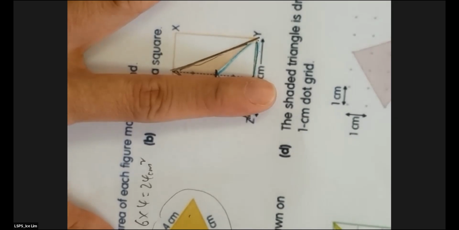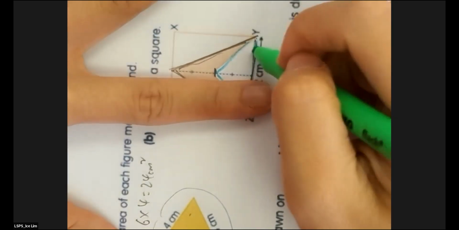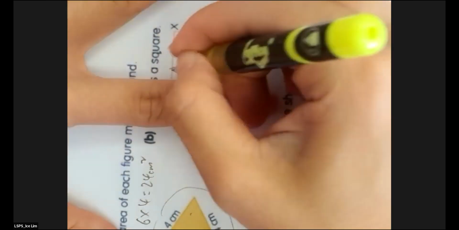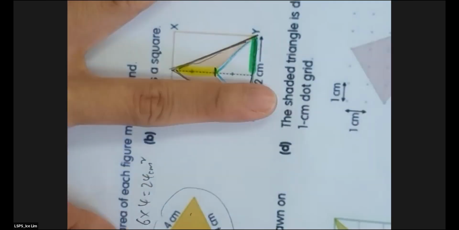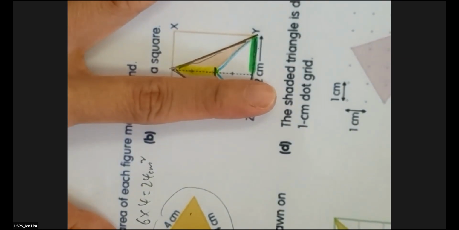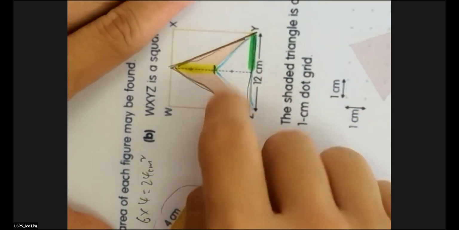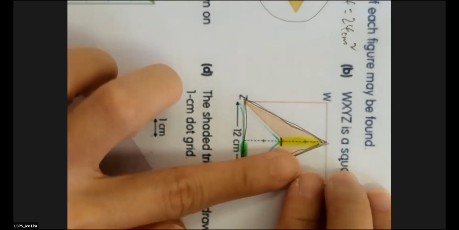I see people talking about it. Good. You're thinking. Can you see this is the height, and then this is the base? And these two triangles, do you know they are the same? Can you see they are the same?